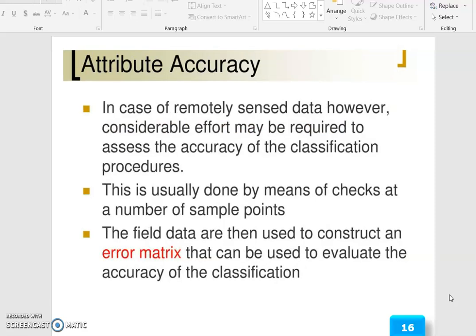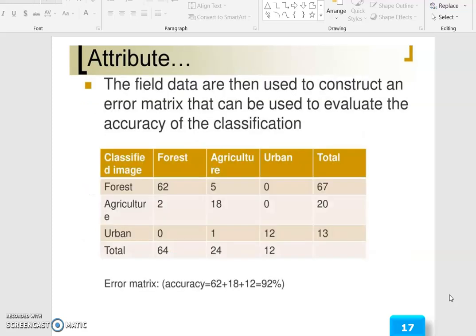Attribute accuracy. In the case of remotely sensed data, however, considerable effort may be required to assess the accuracy of the classification procedures. This is usually done by means of checks at a number of sample points. The field data are then used to construct an error matrix that can be used to evaluate the accuracy of the classification.